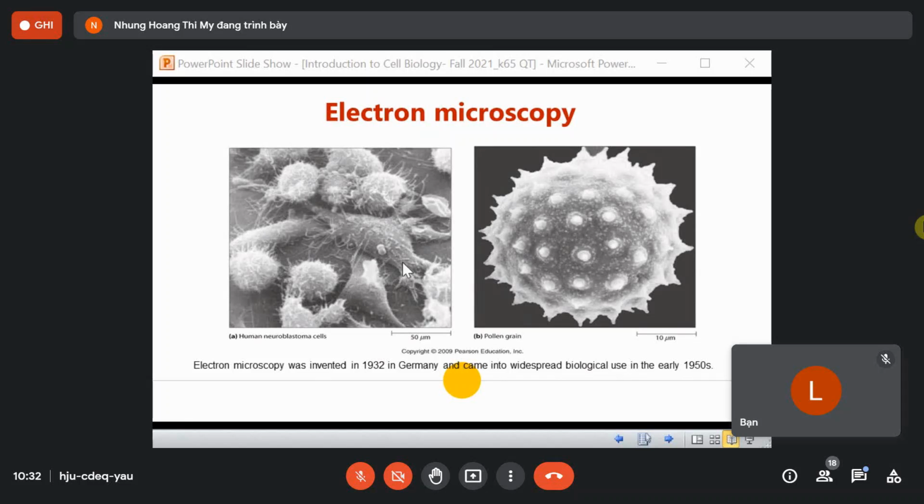You can see the surface of the cell has a hairy surface on the outer membrane, with different sizes and morphologies. In the right image, you can see the surface of the pollen grain with many homologous structures in the outer part of the grain.